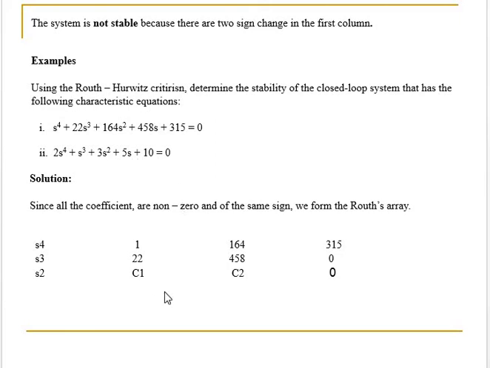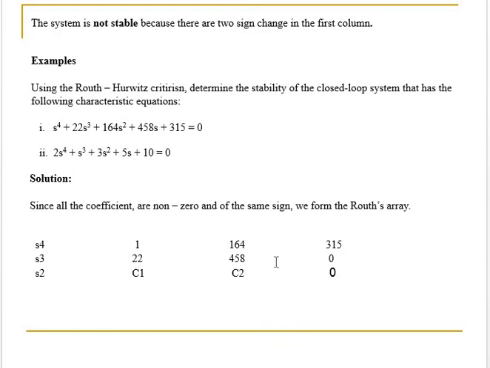Okay. That is for the first solution. For the first, since all the coefficients are non-zero and of the same sign, we form the root array, that is, we get it from this formula.